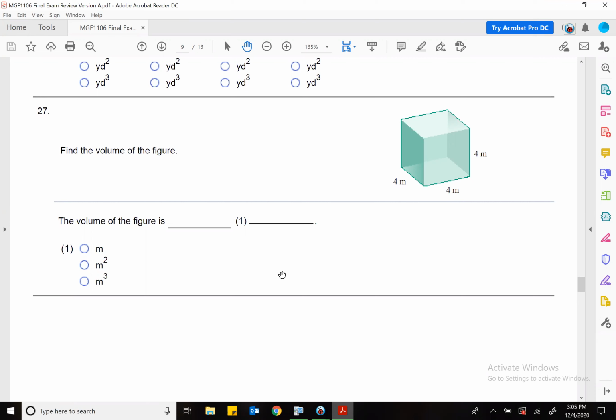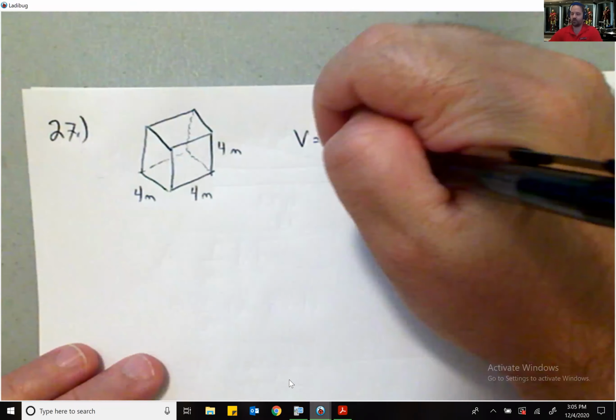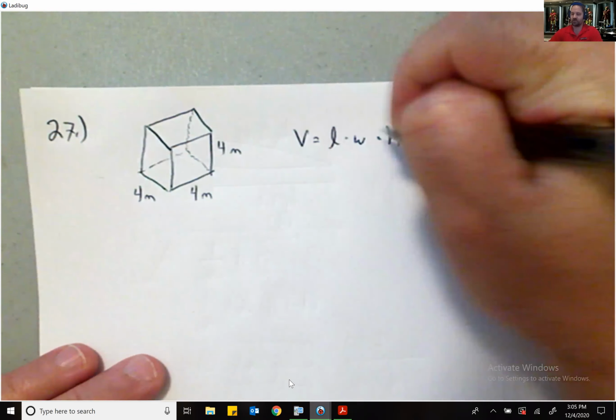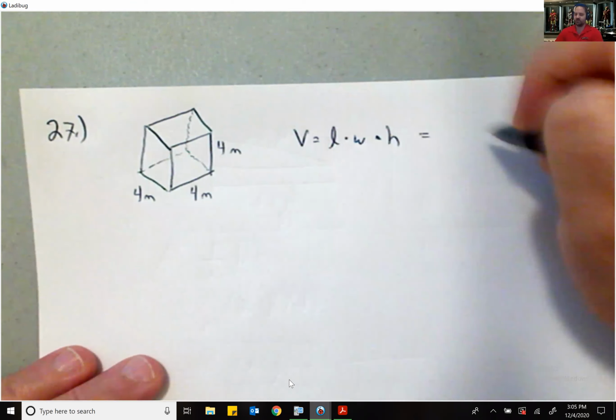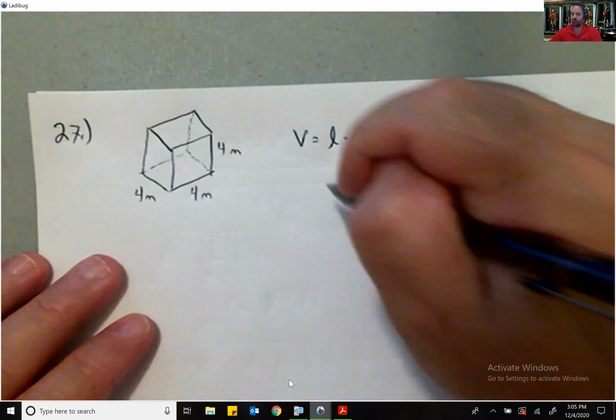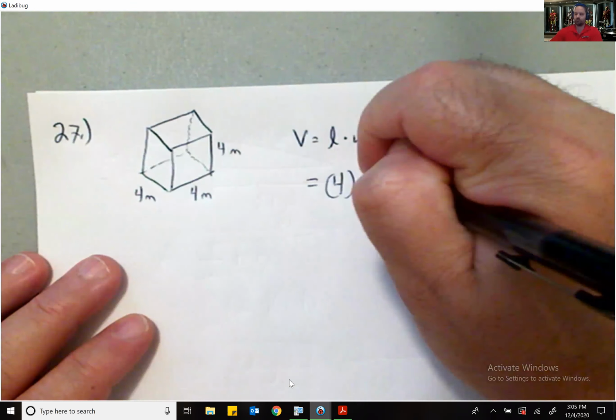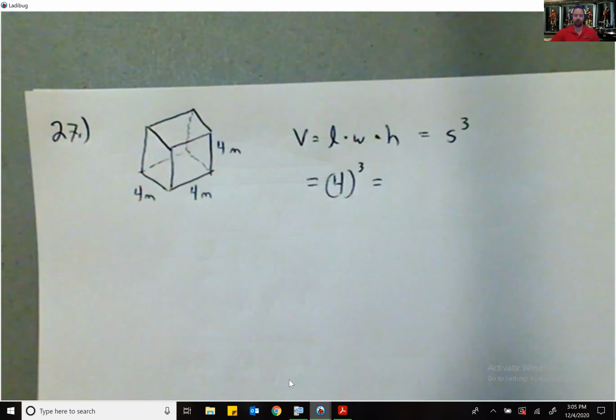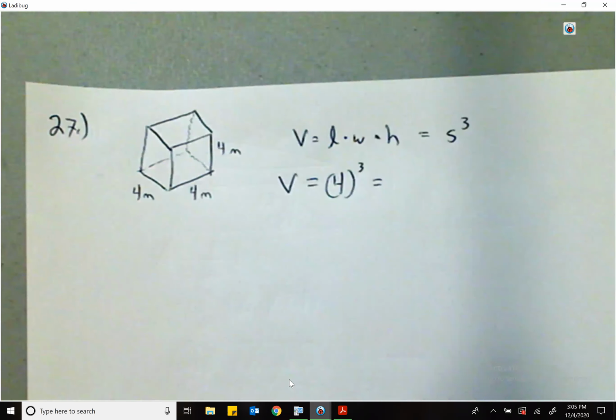Because this is a cube, right? Yes. So if I want to find the volume of this, all we have to do is take the length times the width times the height. Or since it's a cube, because all the sides are the same length, s cubed. So it's 4 cubed. What is 4 cubed? 64.